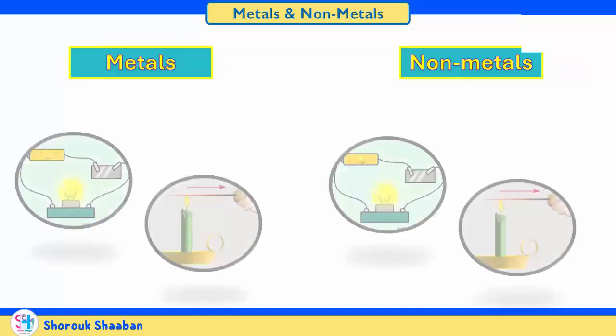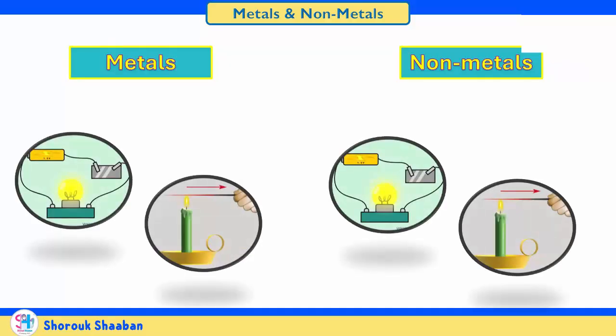Second point, about conductivity. And here I mean electric and heat conductivity. So for example, if I added a kind of metal here, will the electricity pass through the whole circuit and also through the metal reaching to the end of the circle? Can the metal allow electricity to pass through it? Yes.